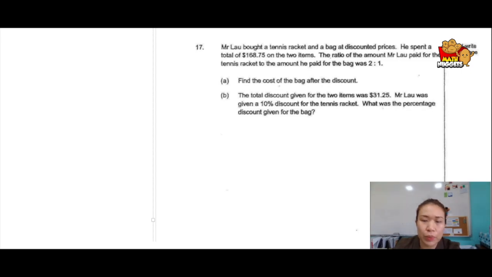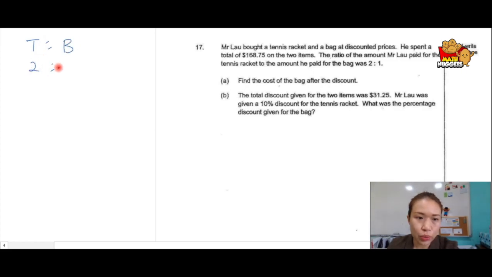Question 17 is a percentage question. Mr. Lau bought a tennis racket and a bag. He paid for the tennis racket and bag in the ratio 2:1. He spent a total of $168.75 on the two items. So 2 plus 1, we have 3 units. 3 units would be $168.75.